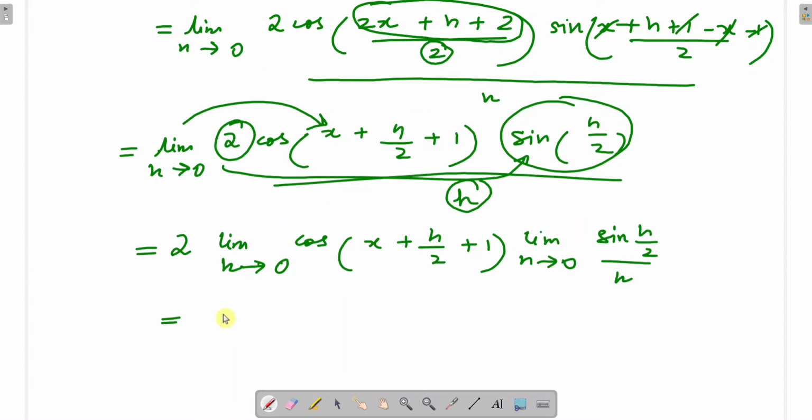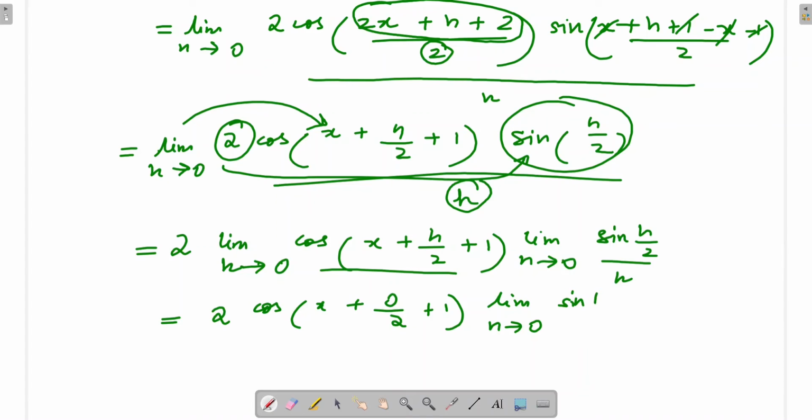So this will be equal to 2 times, now we can take the limit of this function, so it will be cos of x plus 0 by 2 plus 1, and we will write the limit h tends to 0 of sine h by 2, and now this h has to be made h by 2, so what we will do, we have to multiply and divide by 2.